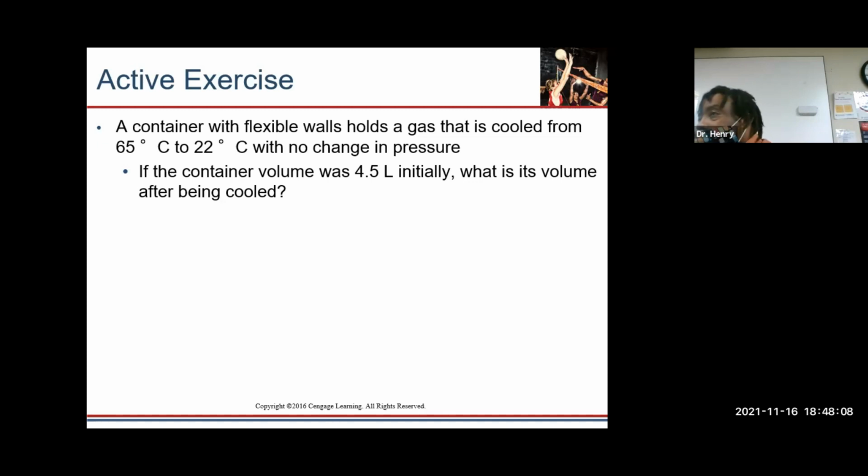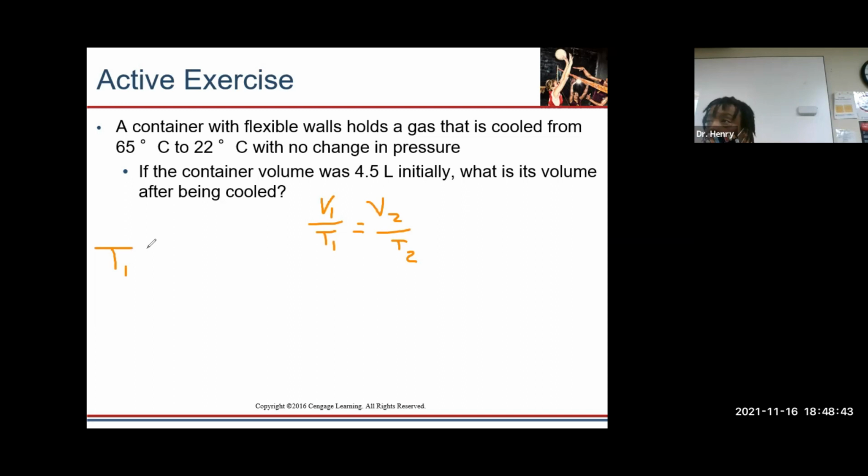If that container volume was 4.5 liters initially, what is the volume after being cooled? So what am I going to do? Okay, so I'm going to basically use Charles's law, right? V1 over T1 equals V2 over T2. Okay, what are we given?